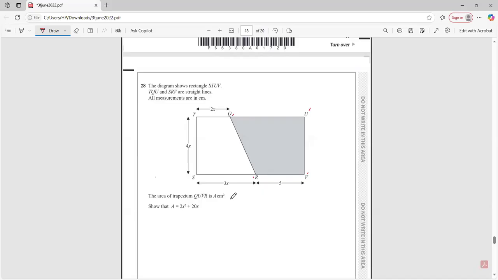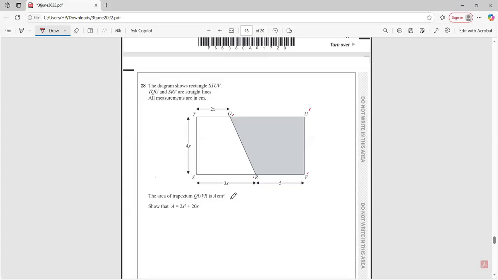The area of trapezium QUVR is A cm squared. The question now goes that you should show that A is equal to 2x squared plus 20x. Okay, in other words, they're trying to say that we should show that the area of that trapezium can be given by that expression.